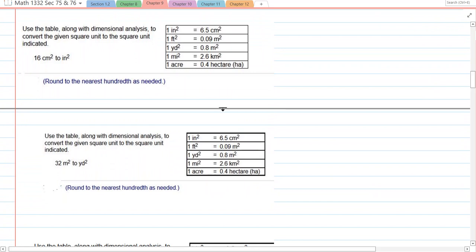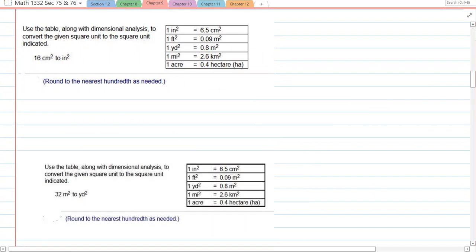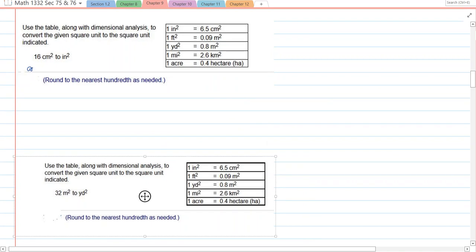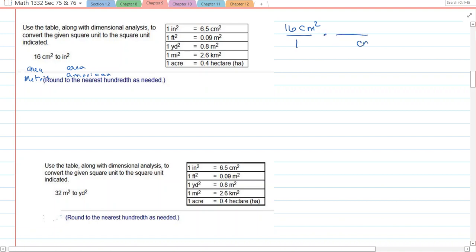Here we go. So on this next example, we have 16 centimeters squared, area in metric, to area in American or English. All right, so I'm going to start with my 16 centimeters squared. That's my area given. I need to get rid of centimeters squared and get inches squared.